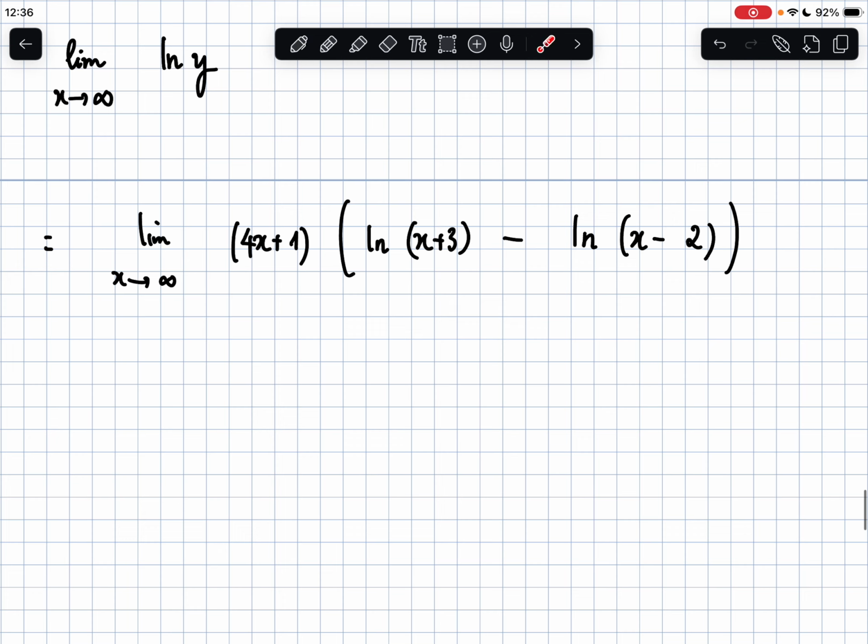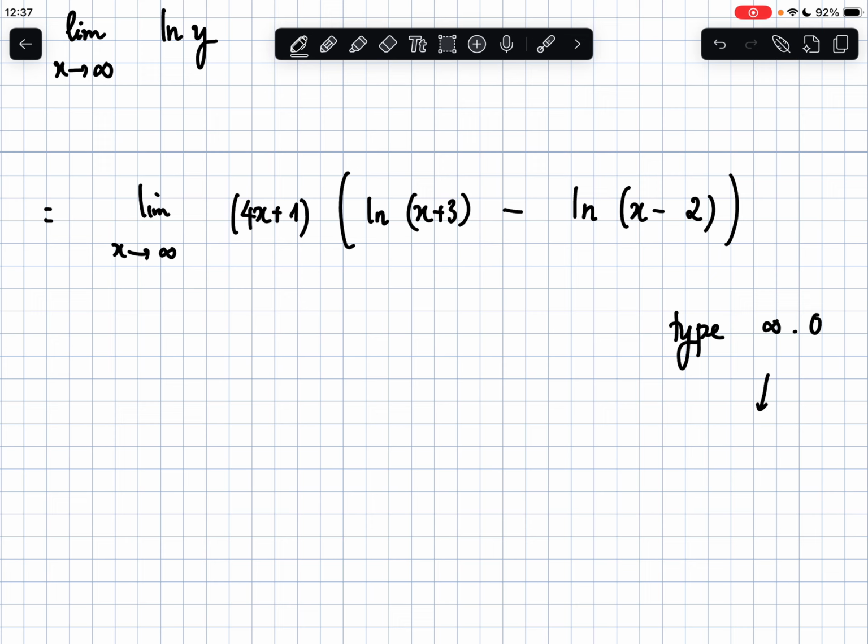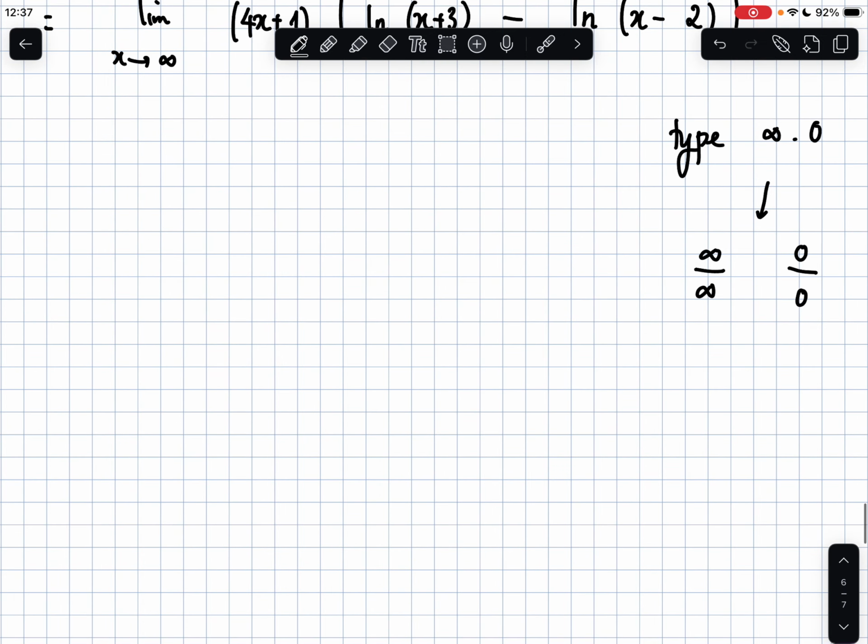You see that as x tends to infinity, this one tends to infinity, and this one is like infinity minus infinity, so like infinity times 0. Infinity times 0, we will bring it to either infinity over infinity or 0 over 0, and then use L'Hopital's rule.